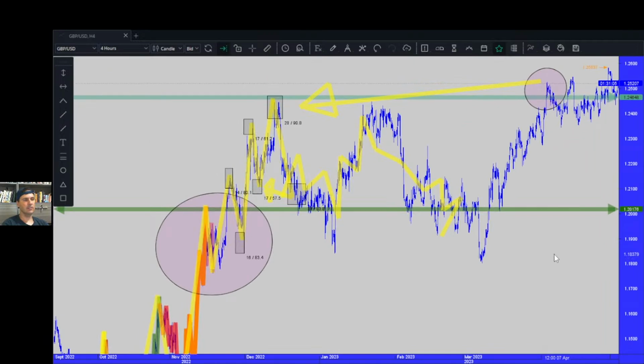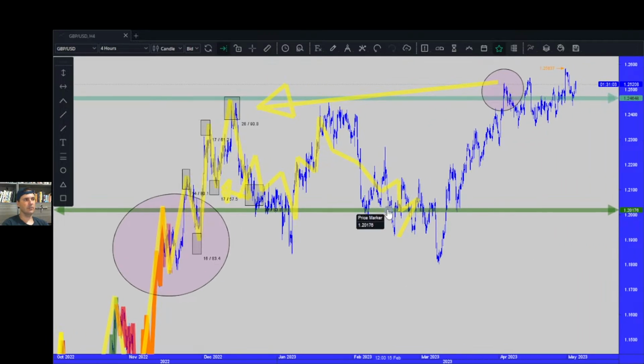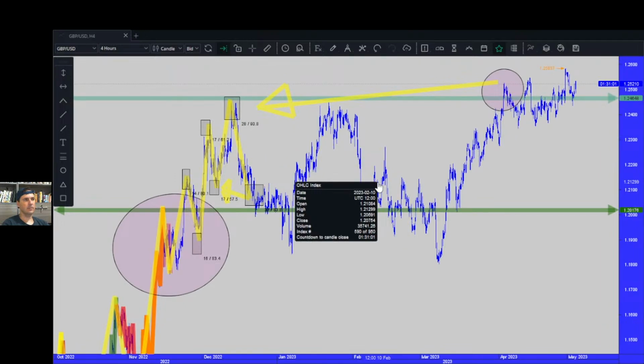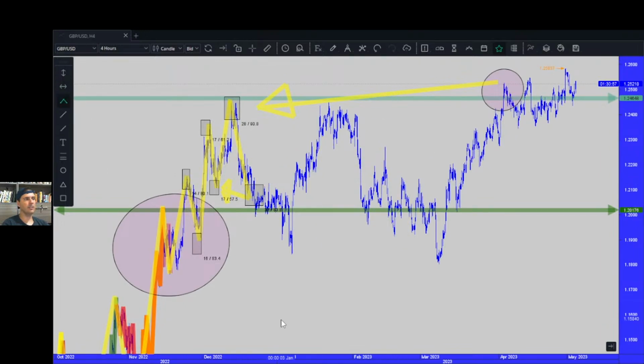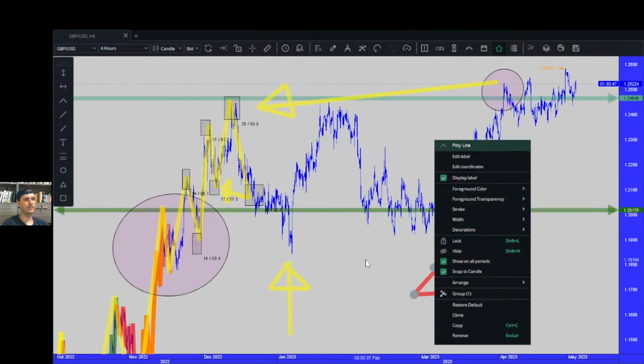Okay? So if you understand, where should I start the new up market wave? Yellow arrow, or should I start with the red arrow? Where is the starting point of the new market wave?